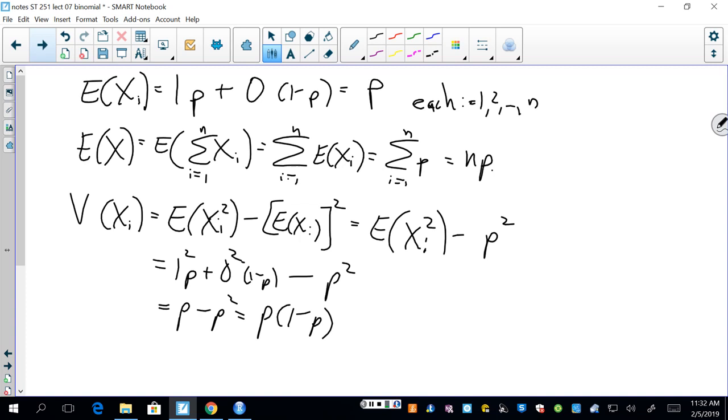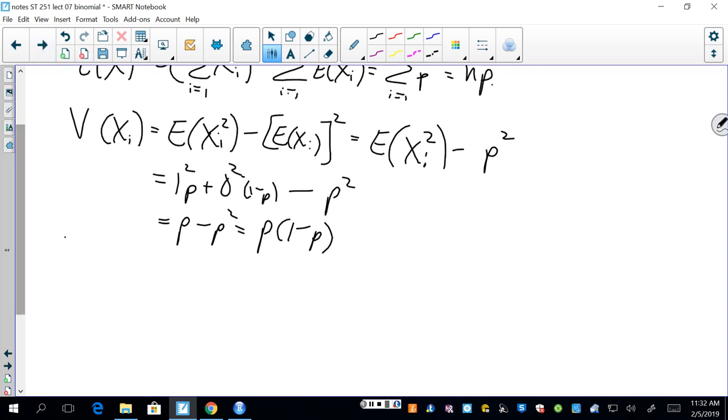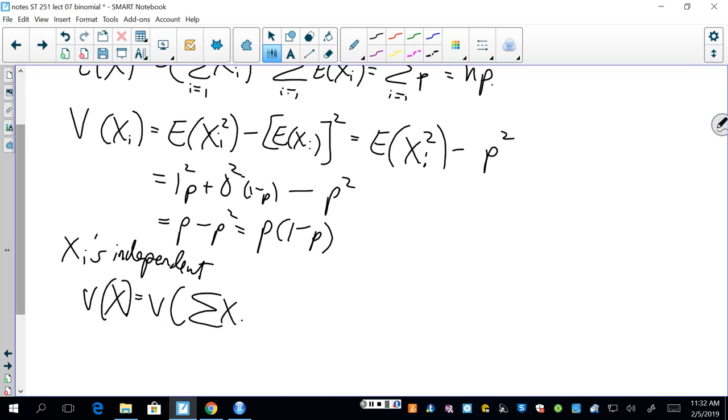So the variance of an individual Bernoulli, the 0, 1 variable, is just p times 1 minus p. Now, if these variables are independent of one another, if the xi's are independent, then the variance of X, which is the variance of the sum, ends up being the sum of the variances.